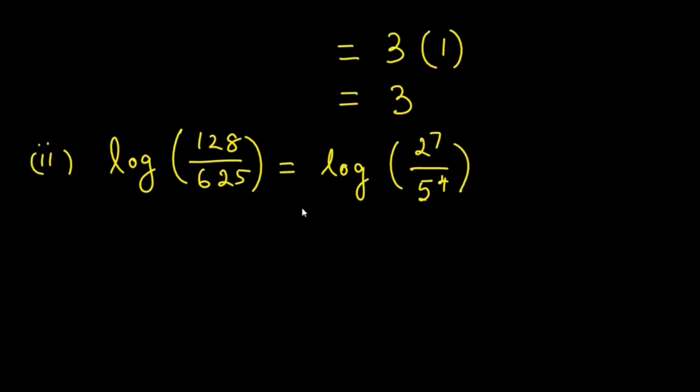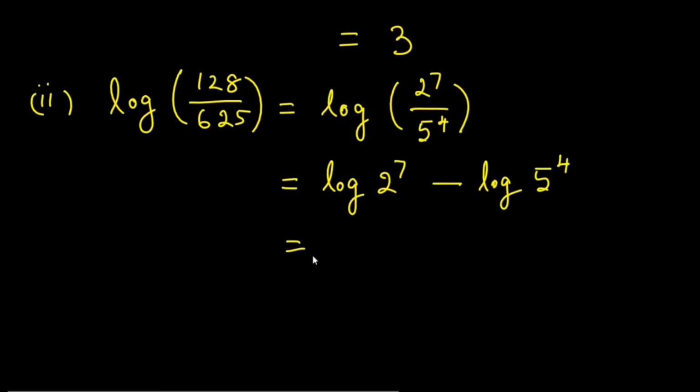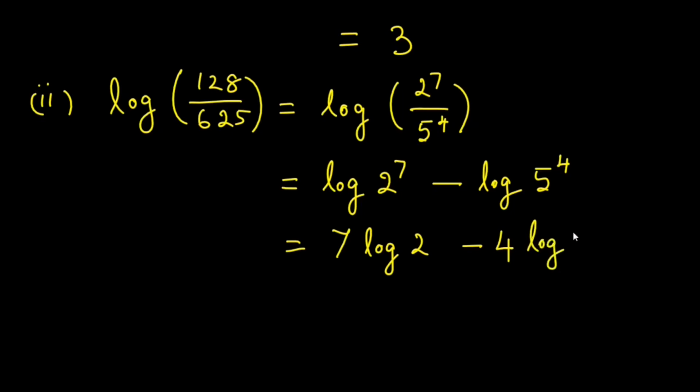So this becomes, applying the quotient rule, log of 2 power 7 minus log of 5 power 4. Now apply the power rule. This becomes 7 into log 2 minus 4 into log 5.